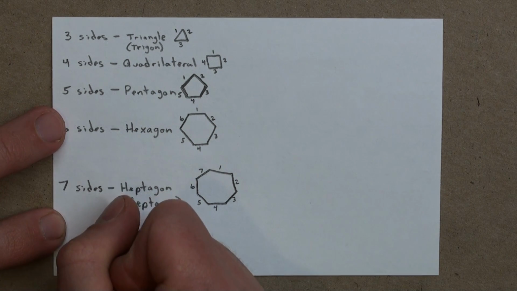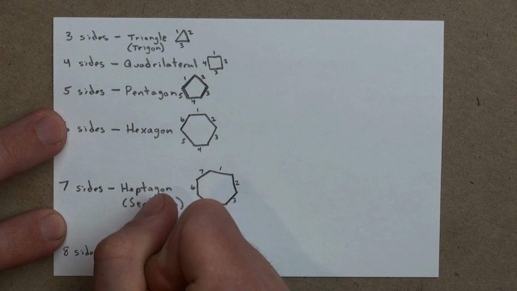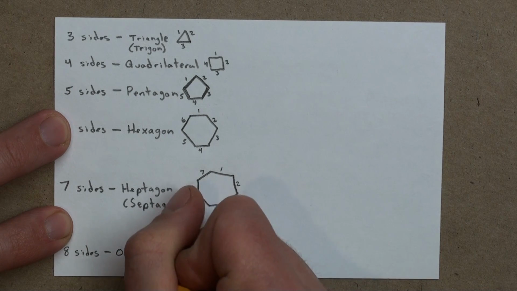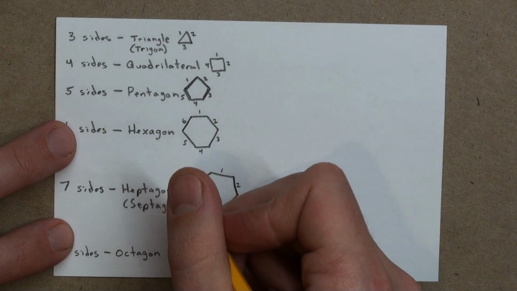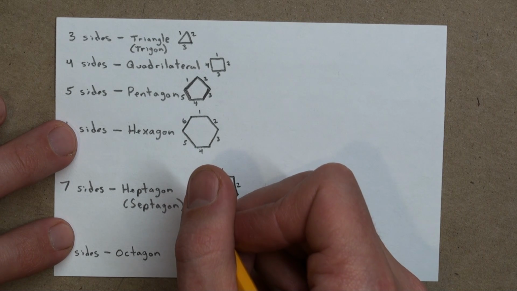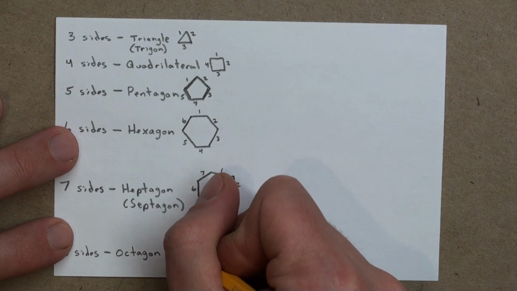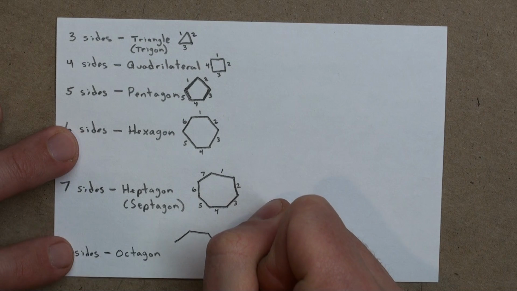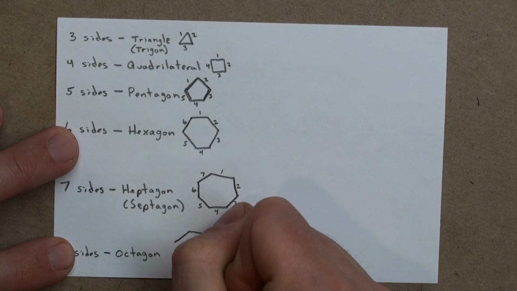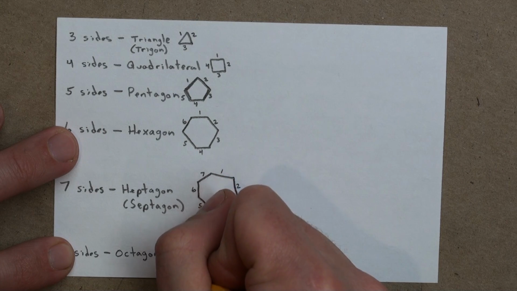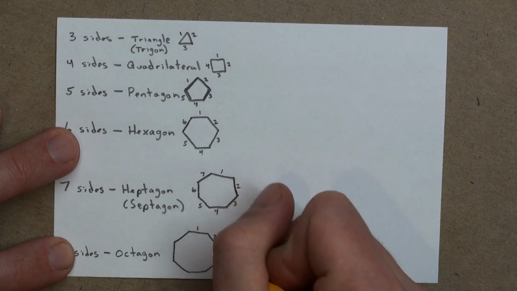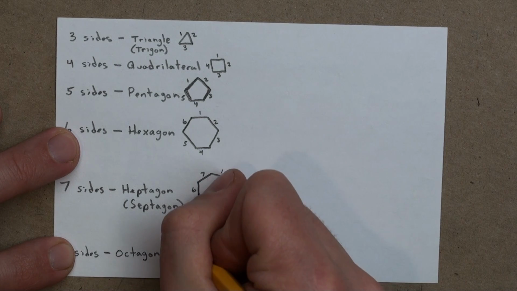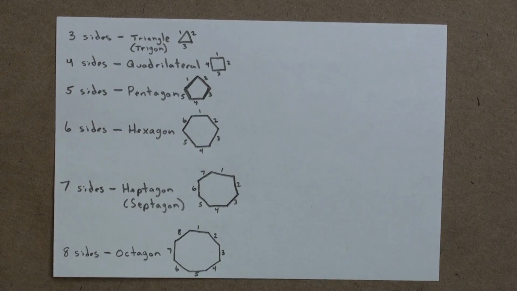Let's do 8 sides, which is an octagon. Okay, and this one is tough to draw also. 1, 2, 3, 4, 5, 6, 7, 8. Okay.